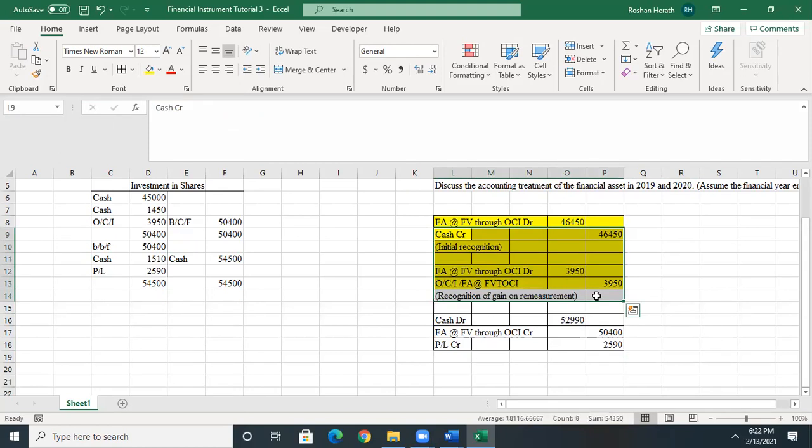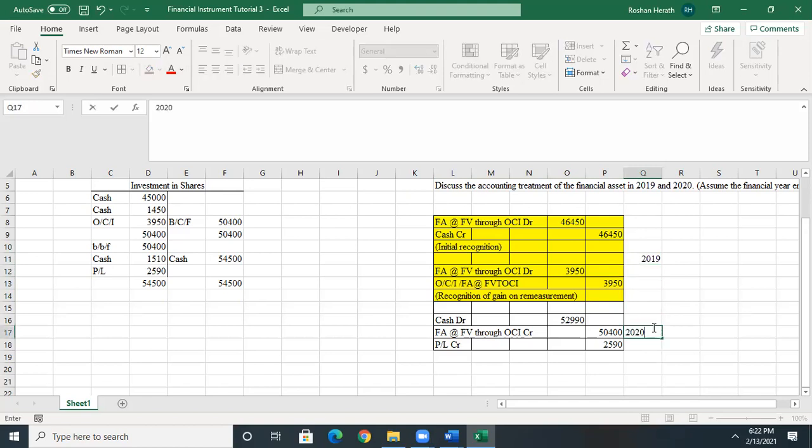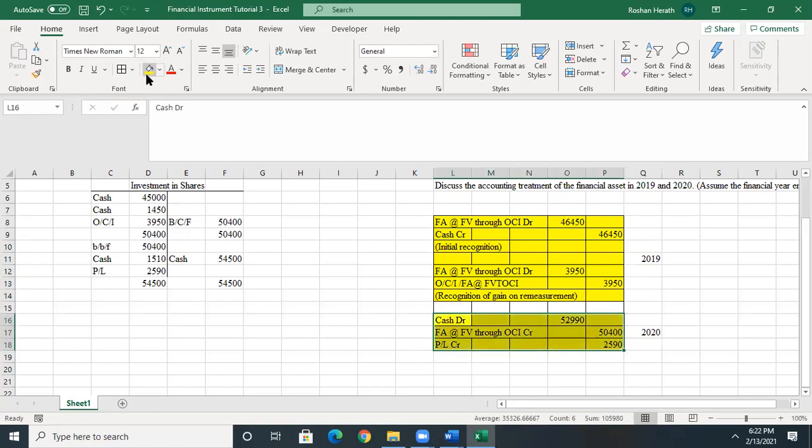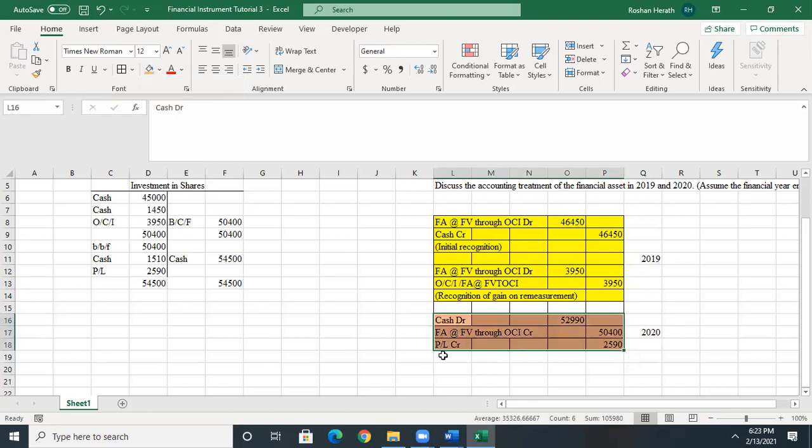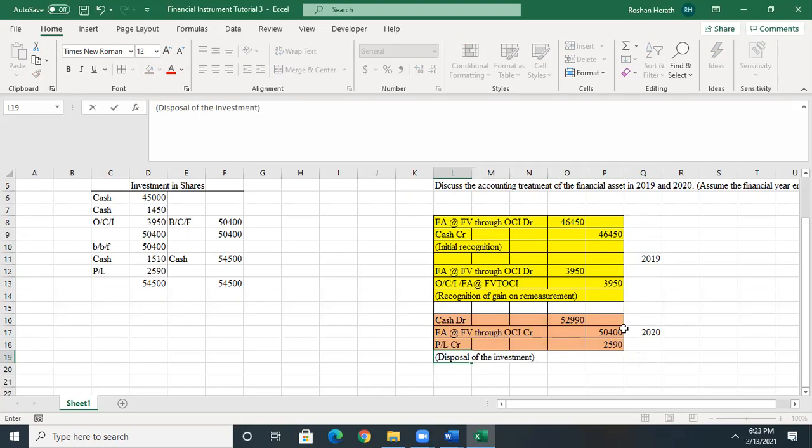This is what you do for 2019, and for 2020, this is the ultimate disposal, the disposal of investment. You can take that, right? Okay. So if you can manage this, that is it.